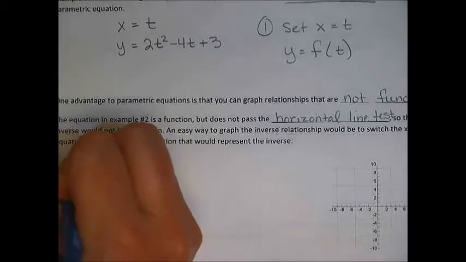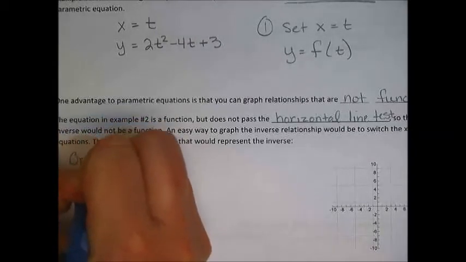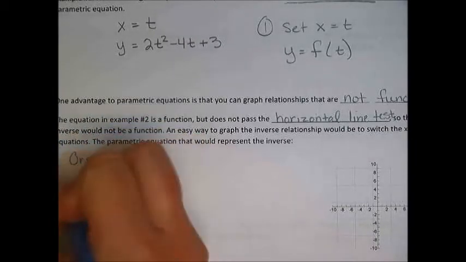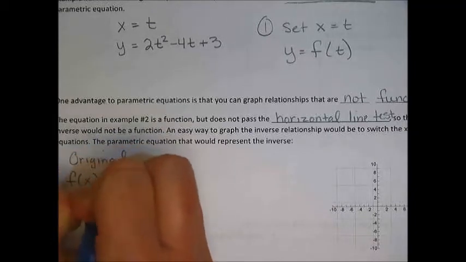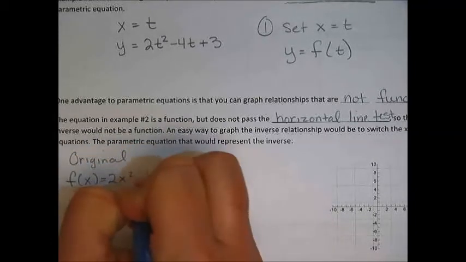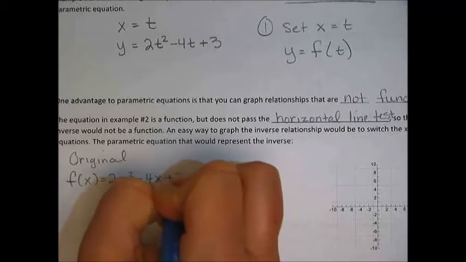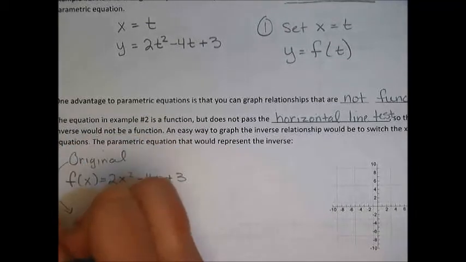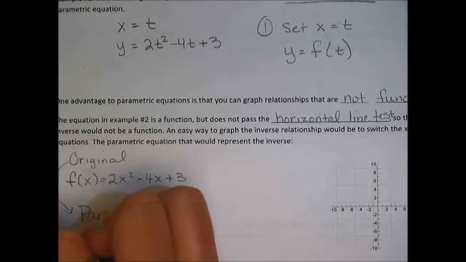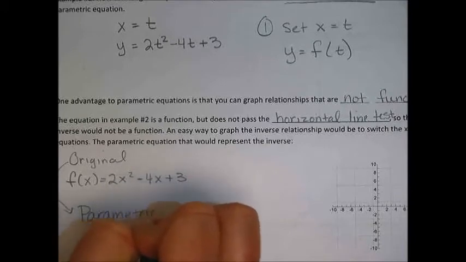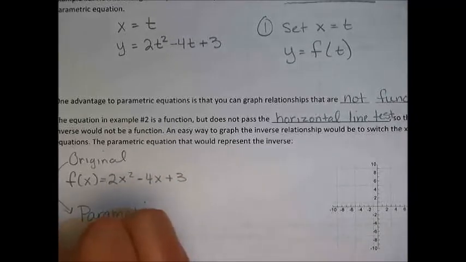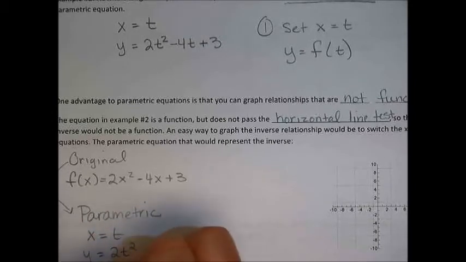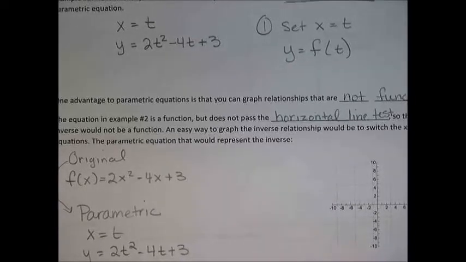So we had our original equation, f of x was equal to 2x squared minus 4x plus 3. And that original equation, written as a parametric equation, would be x equals t and y equals 2t squared minus 4t plus 3, just what I've done up above.